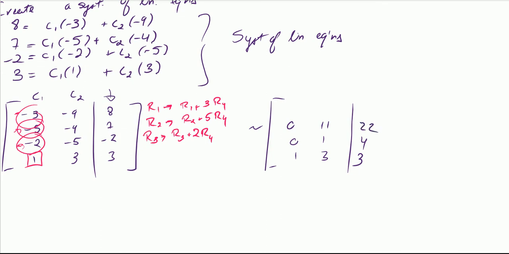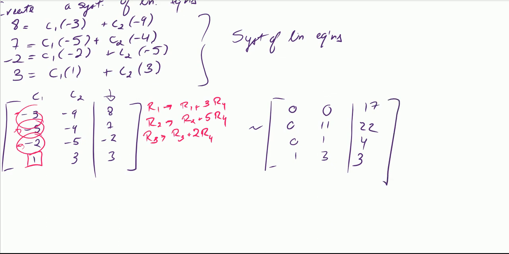And finally here, this is where I get a problem. So minus 3 plus 3 is 0, and then minus 9 plus 3 times 3 is 9, so minus 9 plus 9 is 0. But on the side of my constants, I get 8 plus 9, which is 17.